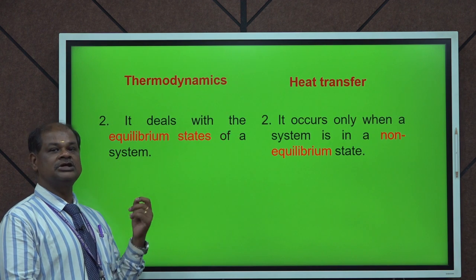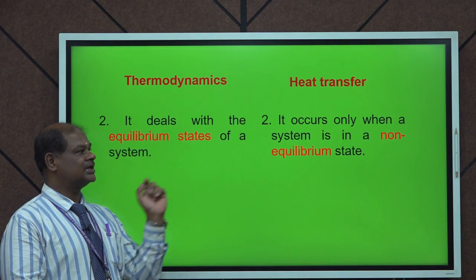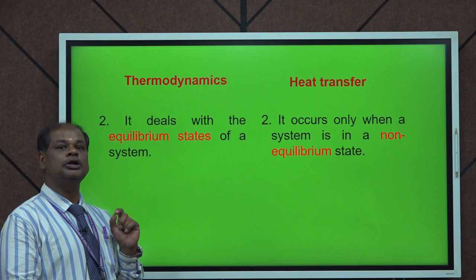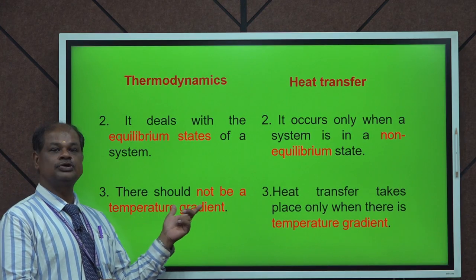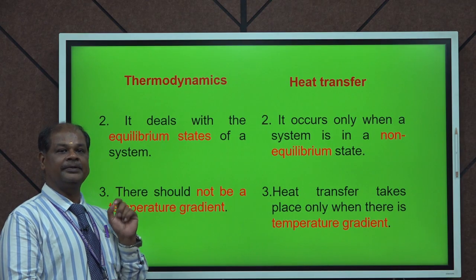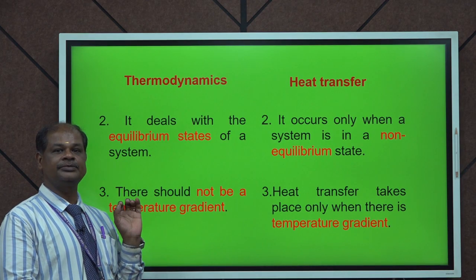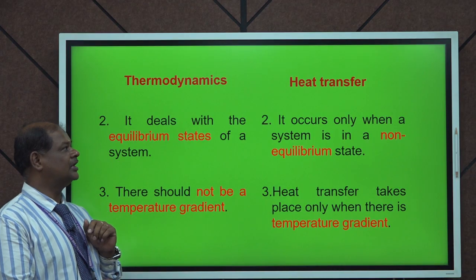Thermodynamics occurs only in equilibrium state conditions, whereas heat transfer occurs in non-equilibrium state conditions. In thermodynamics there is no temperature gradient, whereas in heat transfer a temperature gradient occurs. These are three major differences between thermodynamics and heat transfer.